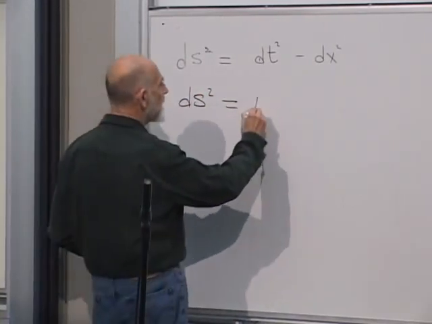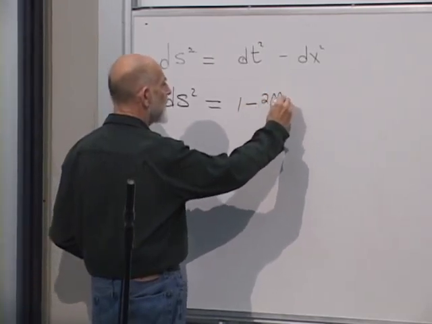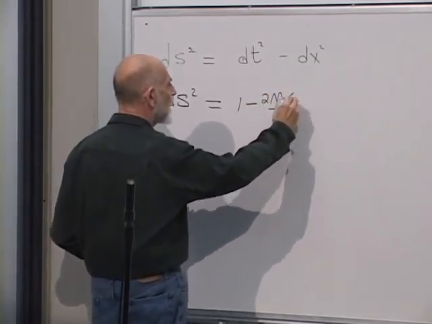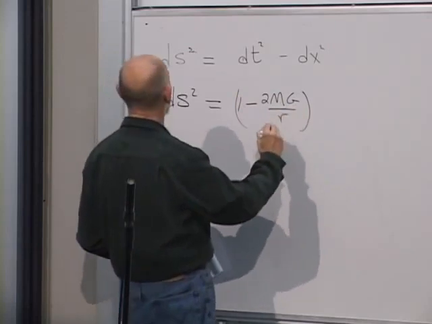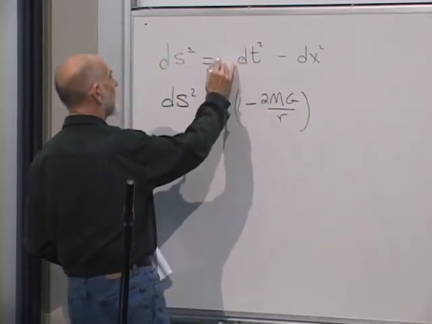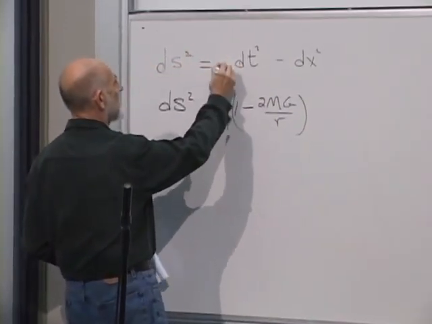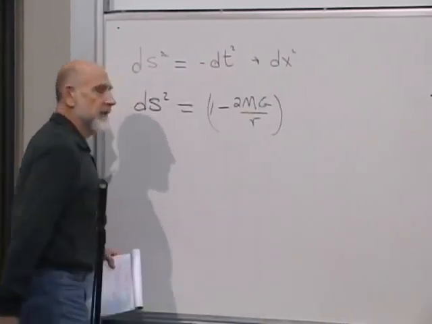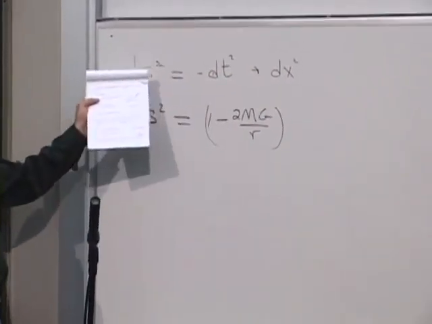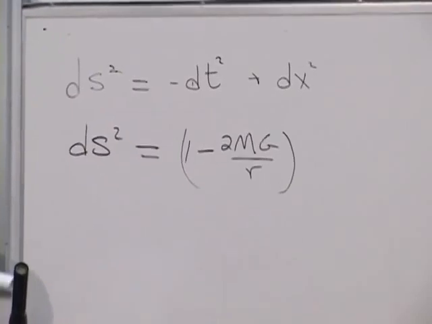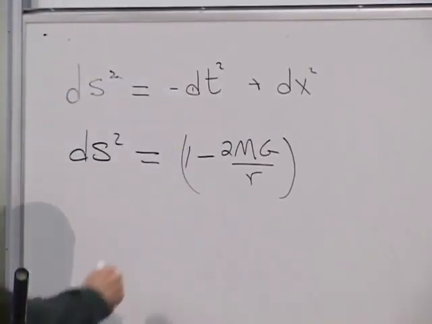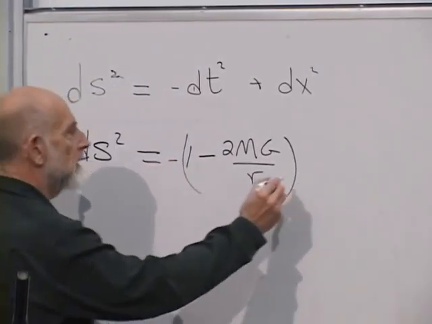It's 1 minus 2mG over r. Sorry, what am I doing here? The ds squared has a minus and then a plus. We change the sign from the proper time. That's the spatial interval, the opposite. A minus here, dt squared.